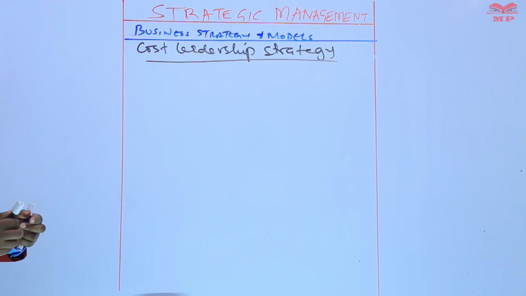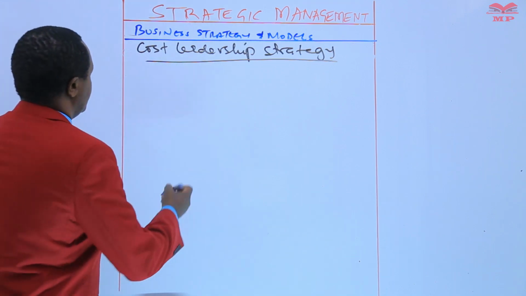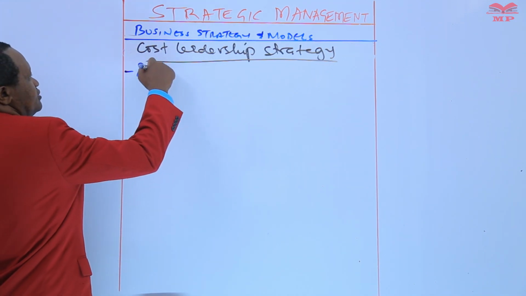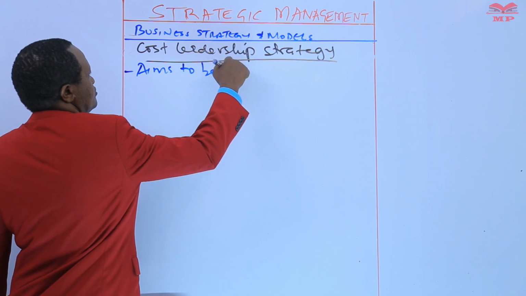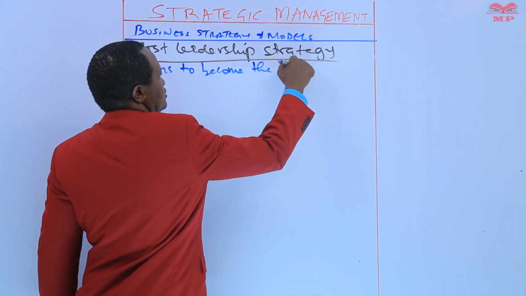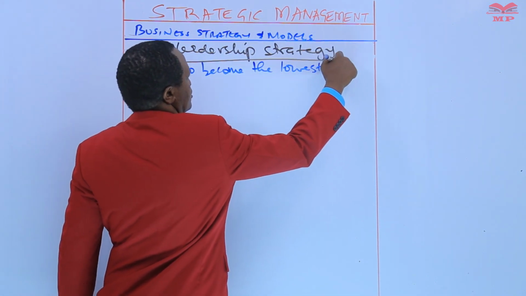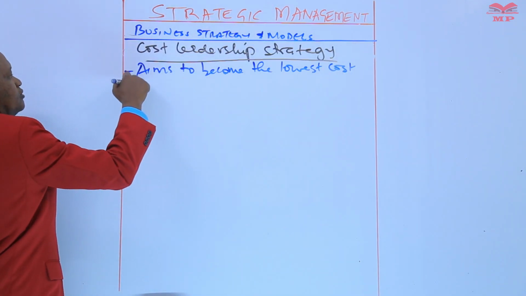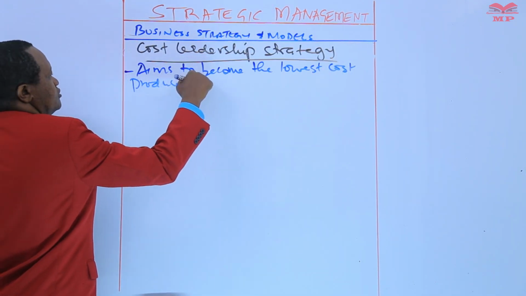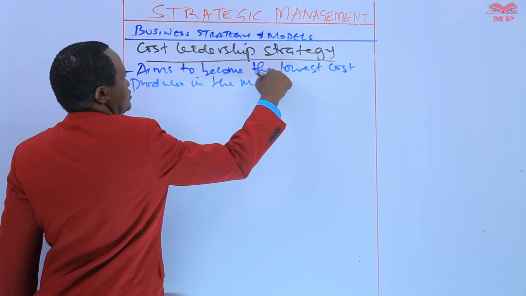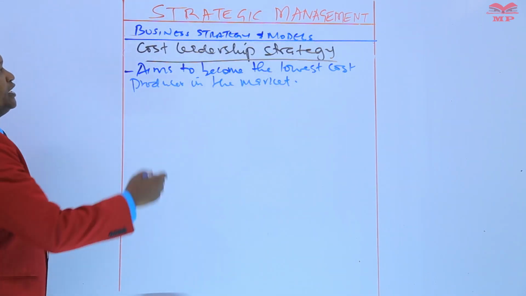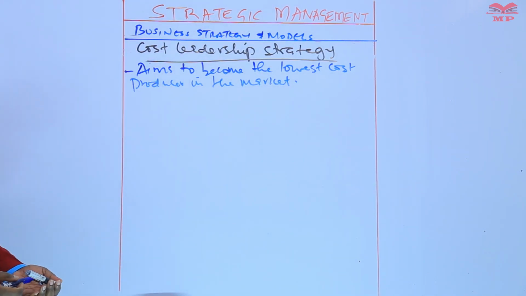Now, the cost leadership strategy is a competitive strategy where a company aims to become the lowest cost producer in the market or in its industry.